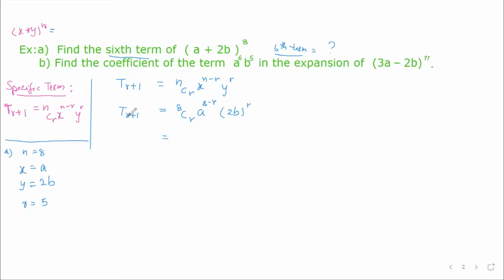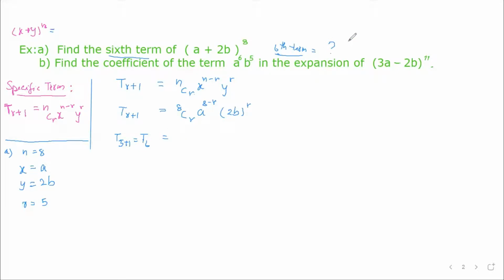Because if you replace r equals 5 here, r plus 1 is 5 plus 1, so it equals term 6, the sixth term. The subscript here represents the position of the term: first term, second term, third term, fourth term, fifth term, sixth term, like this. So r has to equal 5 because we find the sixth term.